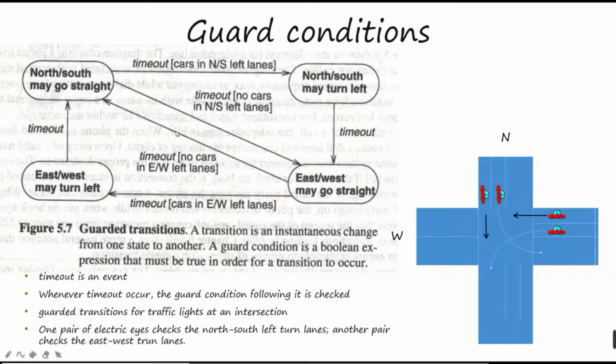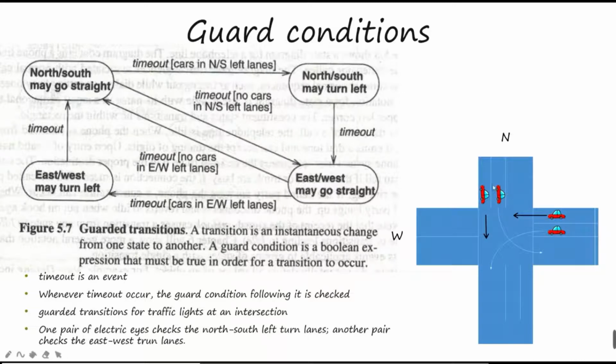And timeout is an event, for example, 30 seconds. After 30 seconds, the timeout event occurs, and this state receives the event timeout. Guard conditions are put in brackets: cars in north-south left lane.